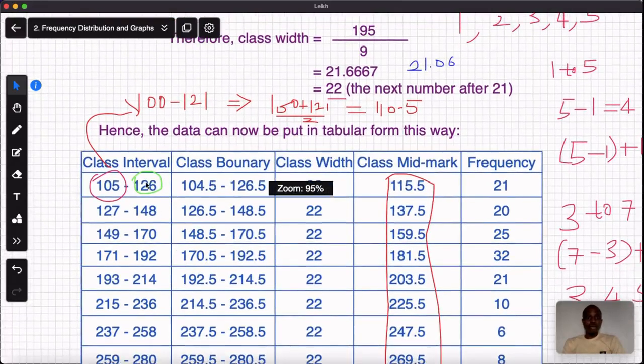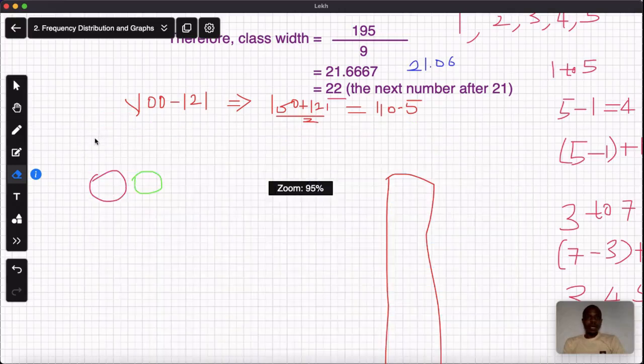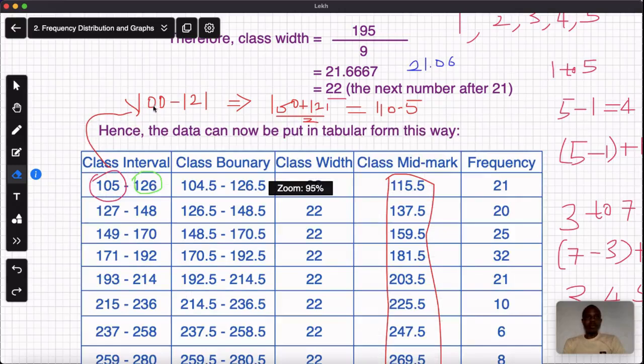First of all, you start from the smallest, or you may have something that is smaller than the smallest if you want. The reason why I had to change this was because I initially used 100 as the lower class limit of the first interval here, but I don't have to use 100.